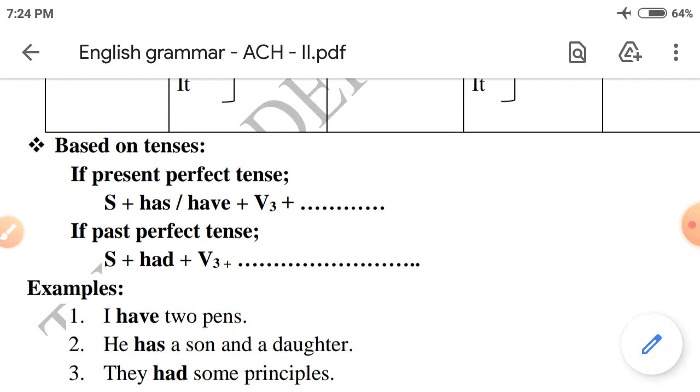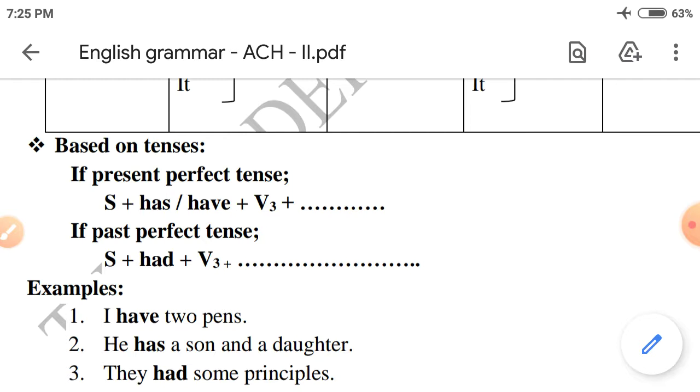Because it is present, so has also we can use, have also we can use, depending upon the subject. Understood? So this is a rule for present perfect tense.